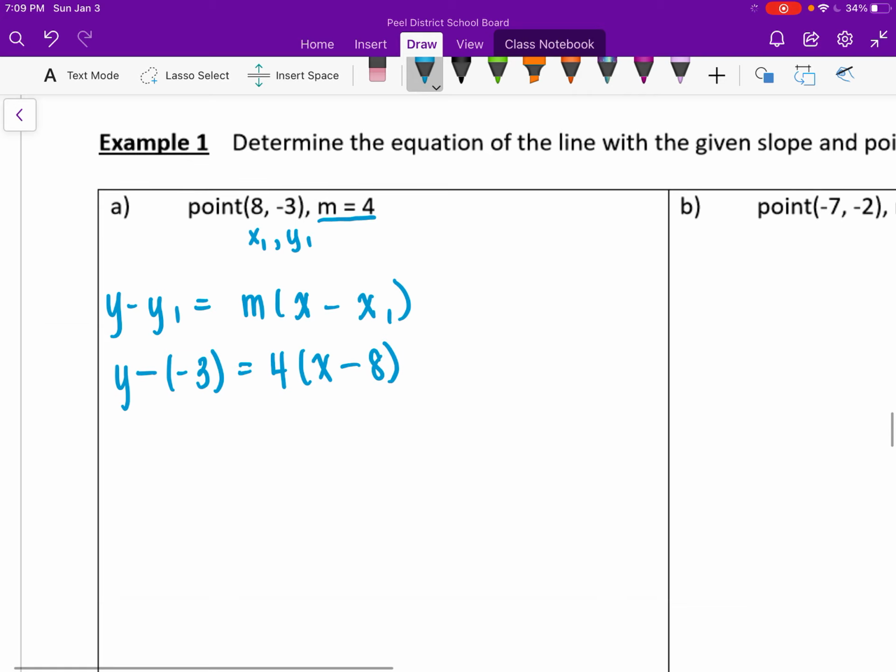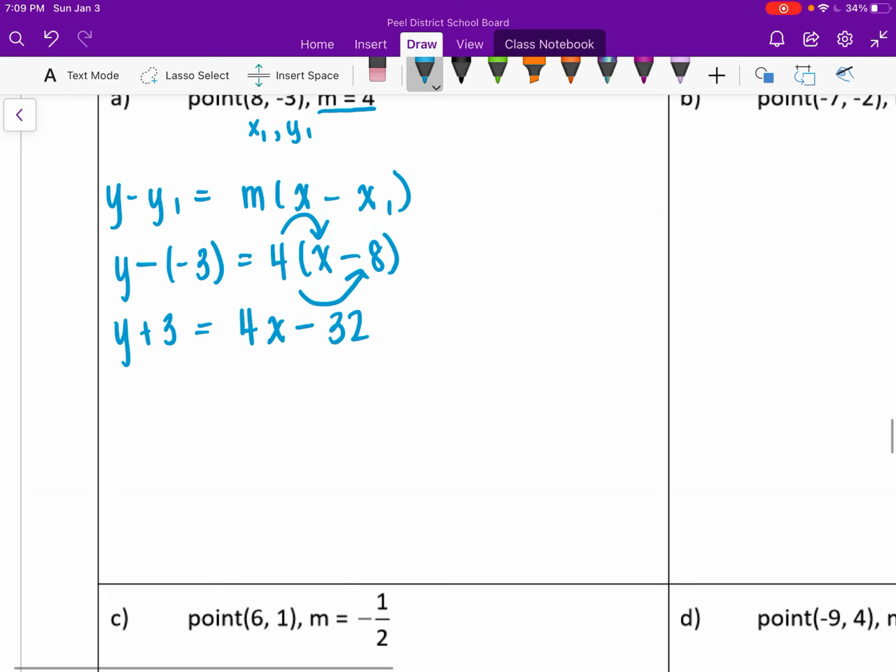And then I'm just going to start simplifying stuff. The negative and the negative become a positive, so this becomes y plus 3 equals 4x, because I'm going to multiply. Then I'm going to do 4 times -8, which is going to be -32, right? And then I'm just going to start isolating for y.